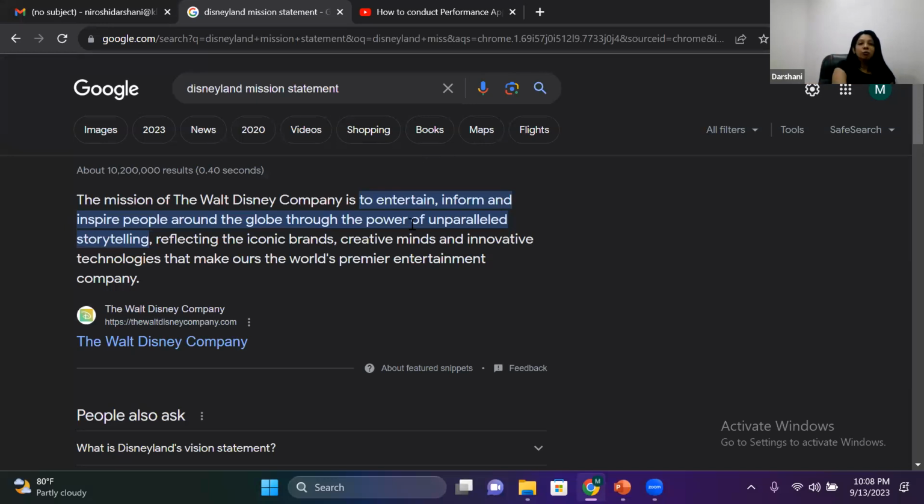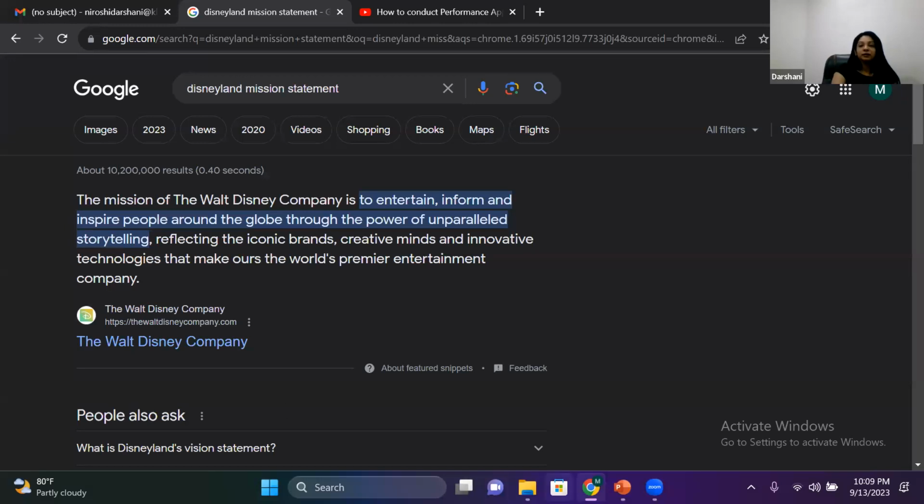So this comes under the strategic plan. You need to create unparalleled stories, iconic brands for the world, and creative, innovative technologies so it can reach that level.